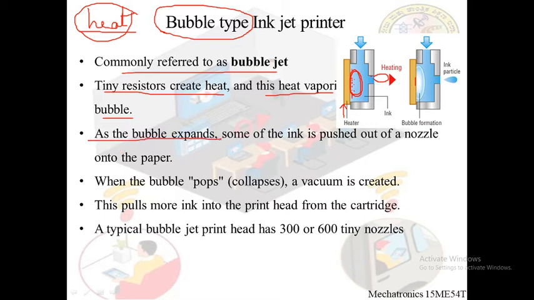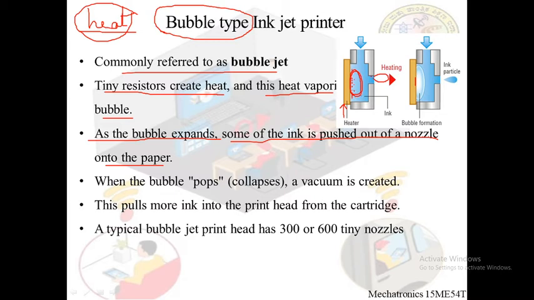As the bubble expands, some of the ink is pushed out of the nozzle onto the paper. When the bubble pops or collapses, when this droplet has formed and gets out of the nozzle, the bubble formed inside will collapse at one particular point of time.